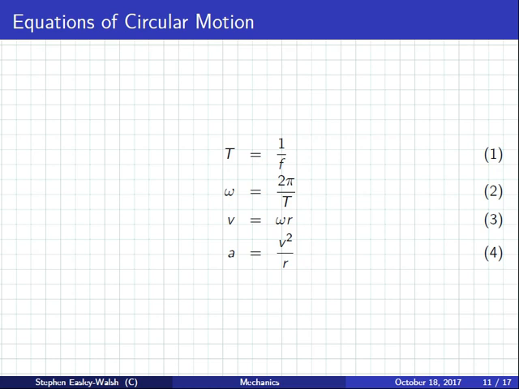Because frequency is how many cycles per second. This is actually a frequency, but in minutes rather than seconds, so you'll need to convert it.